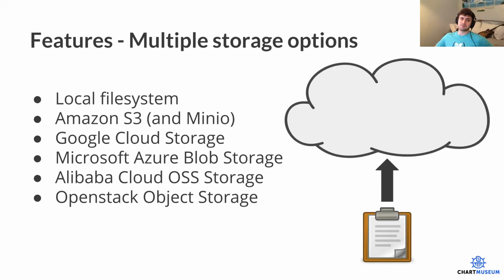So even if you're using an S3 bucket within your company, and you're running into this issue with race conditions, or that's not working for you, if you have your charts sitting in object storage, all you have to do is configure ChartMuseum to point to that bucket, and it should just work the same as it was before.